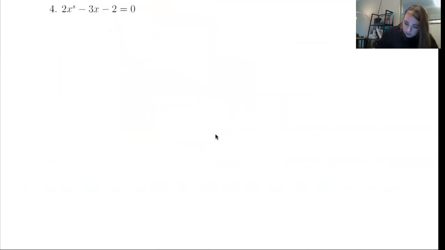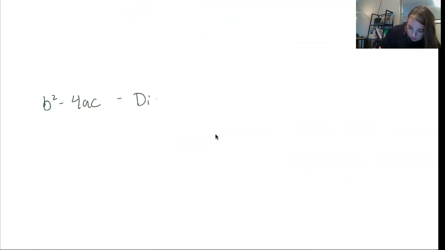So this is what I'm going to write down here. B squared minus 4ac is called the discriminant. Discriminant.